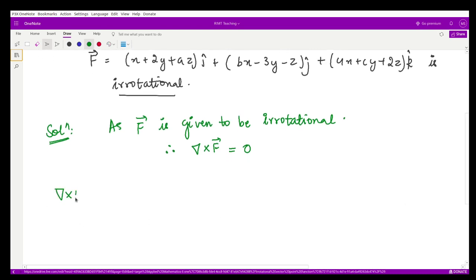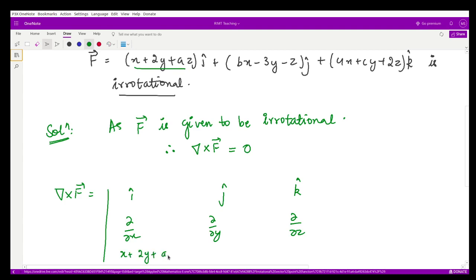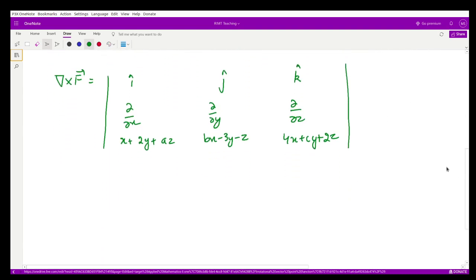When you compute del cross f vector, that is equal to the determinant of i cap, j cap, k cap, del by del x, del by del y, del by del z, and this vector: x plus 2y plus az, then bx minus 3y minus z, and then 4x plus cy plus 2z, right? So this is your curl, and then you will calculate its determinant, right?